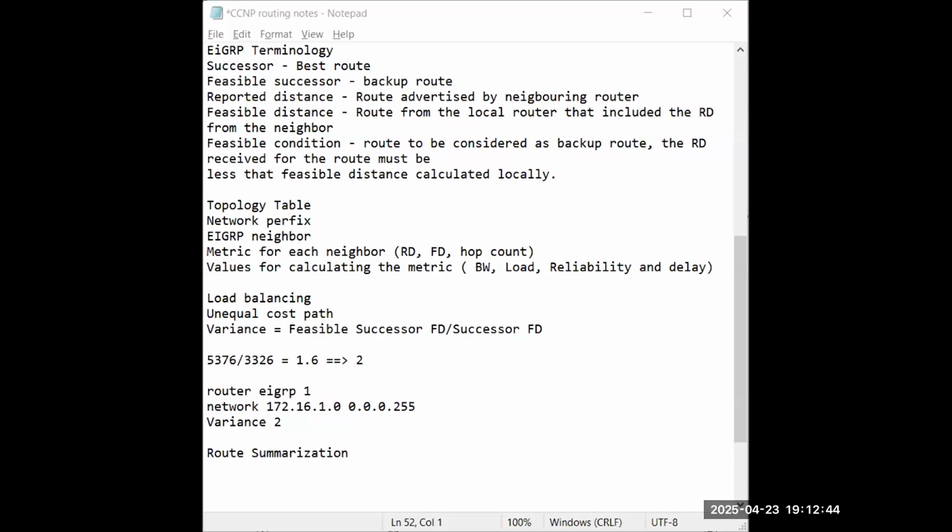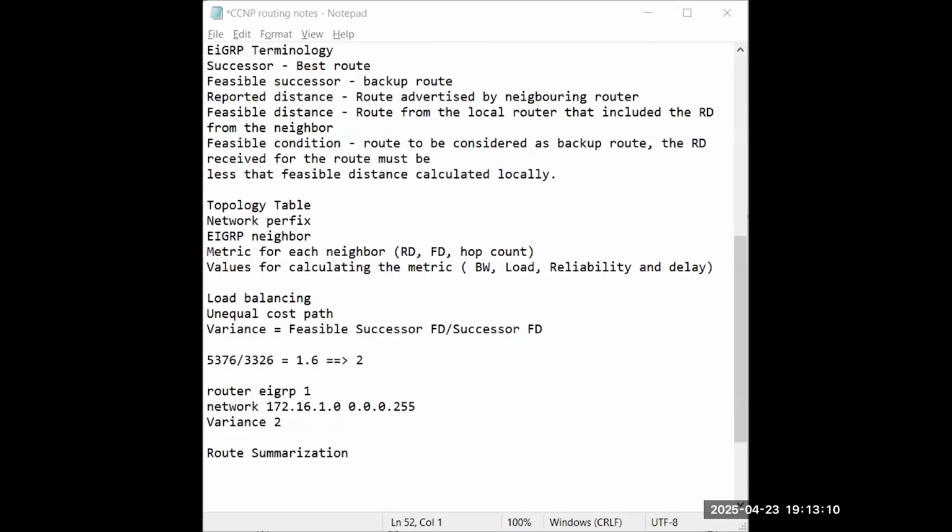But if all belong to the same class and are within a range, in a sequential way, then we can do a summarization of the route.